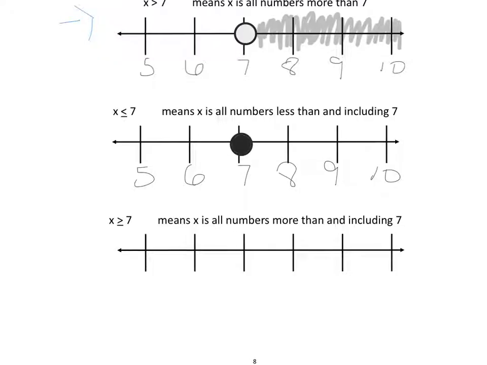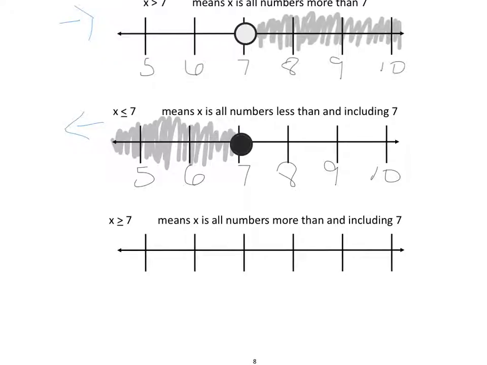Now we are told we want everything that is less than or equal to. This means we want all the numbers shaded that are less than 7. Again, with the arrow with the letter on the left, it makes an arrow telling you which way to shade. Very helpful.